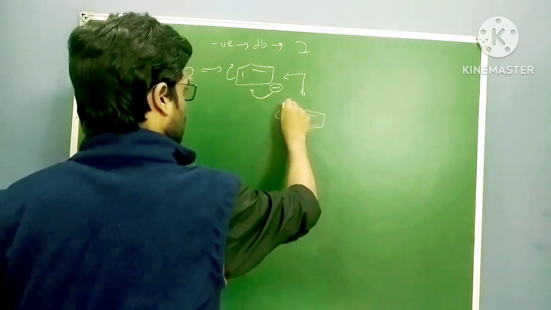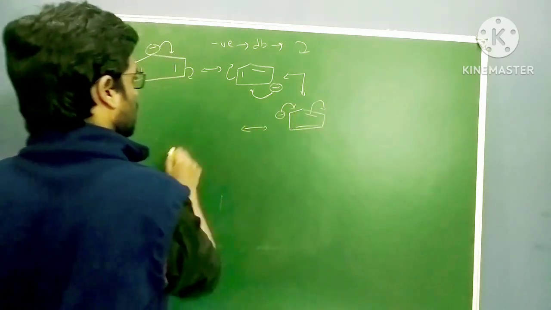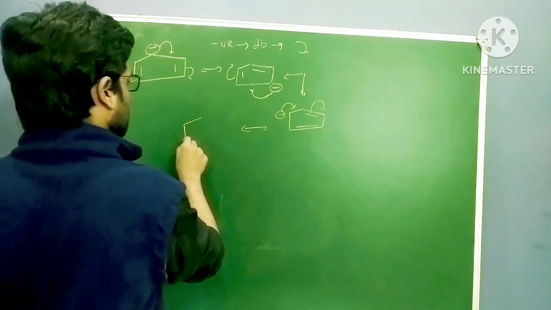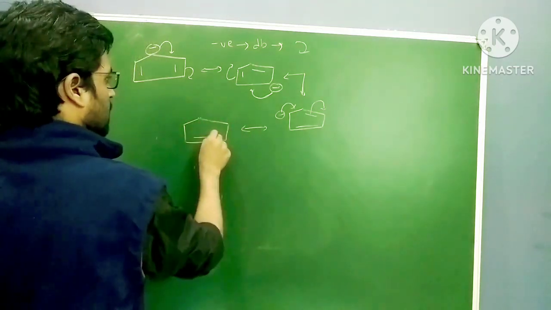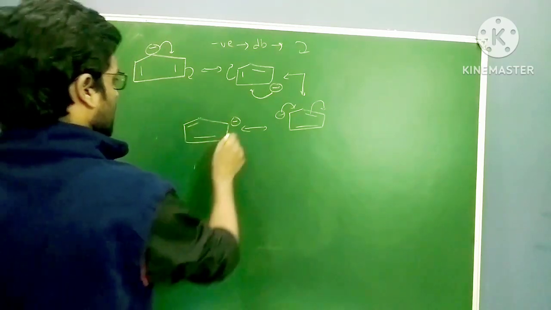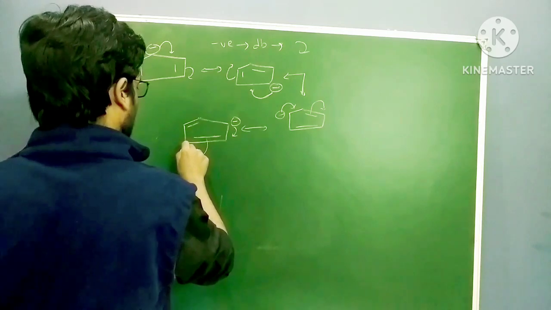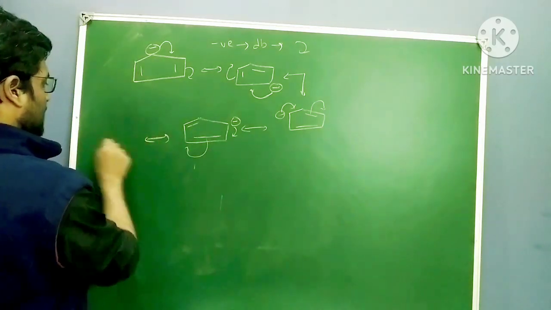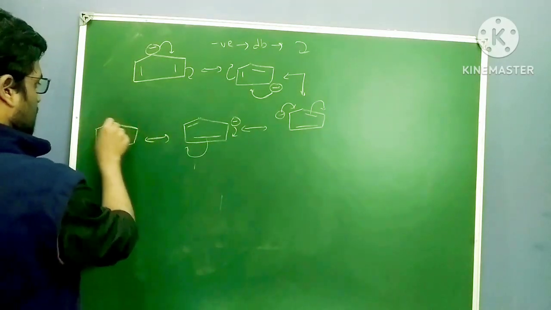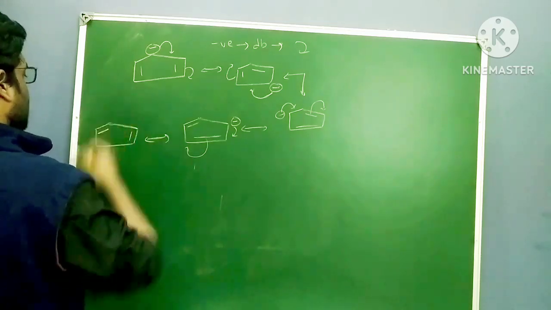Again minus towards double bond, clockwise. Double bond here, minus here, right? Again minus towards double bond. So I'm getting this, here minus, here double bond, here double bond.